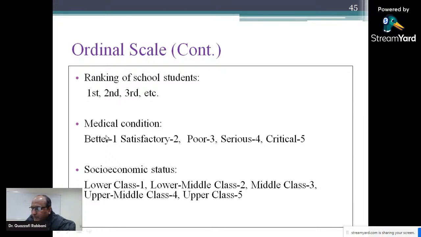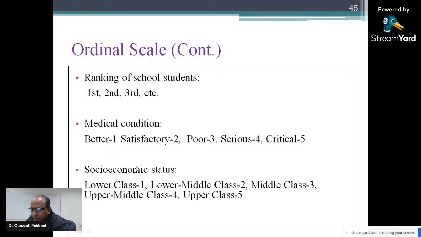So here the numbers are used to identify the medical condition as well as its magnitude. 1 is better than 2, 2 is better than 3, 3 is better than 4, and 4 is better than 5.